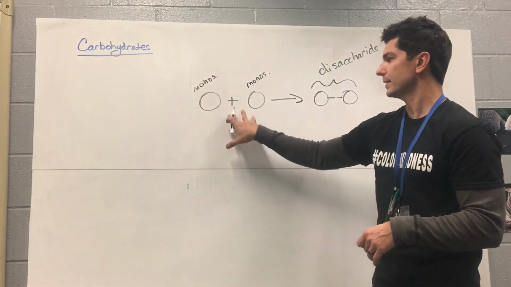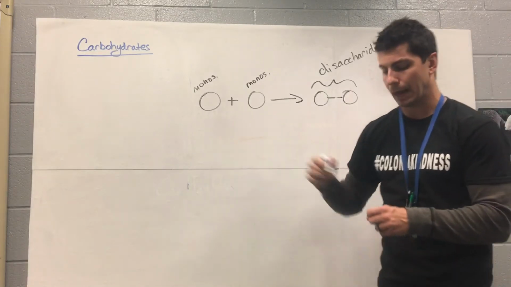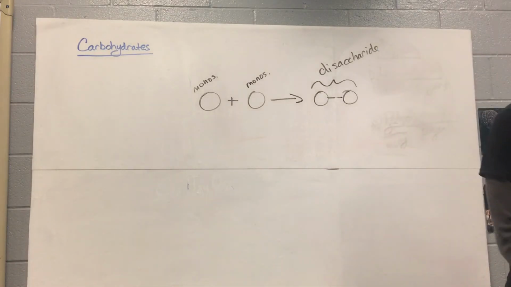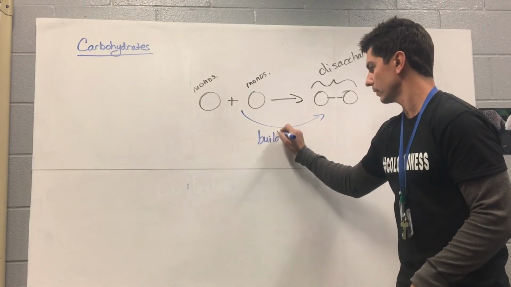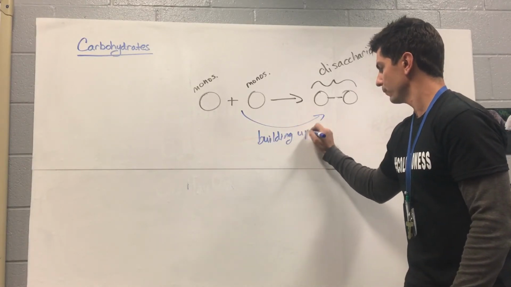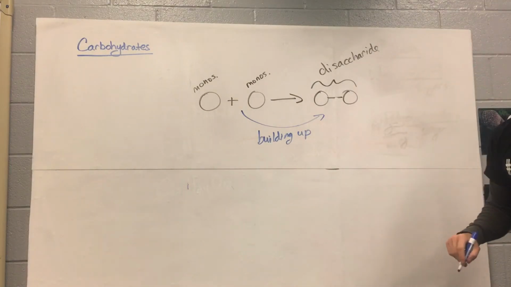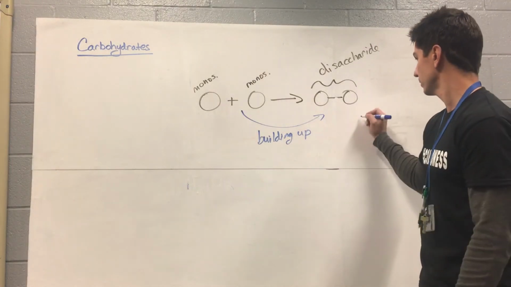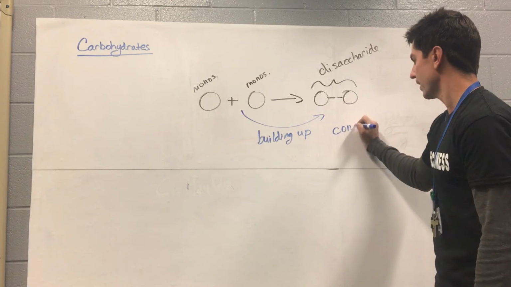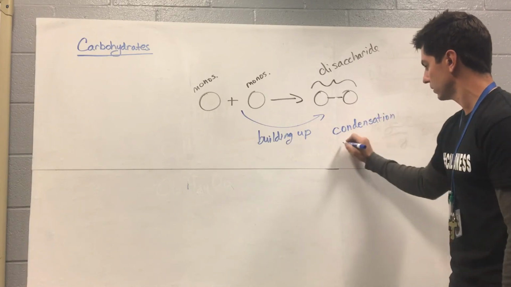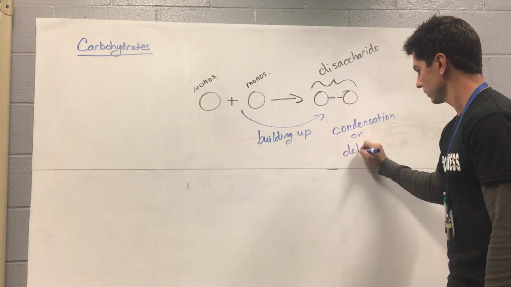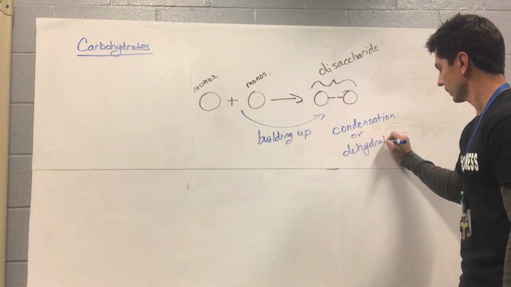Okay. Now, here is the important part to relate this to condensation and hydrolysis reactions. If we are combining these together, we are building up. So we're building up this molecule. Right? Making it bigger. If we are building it up, it's automatically going to be a condensation or dehydration reaction. Same word, or I'm sorry, different word, same meaning. All right.